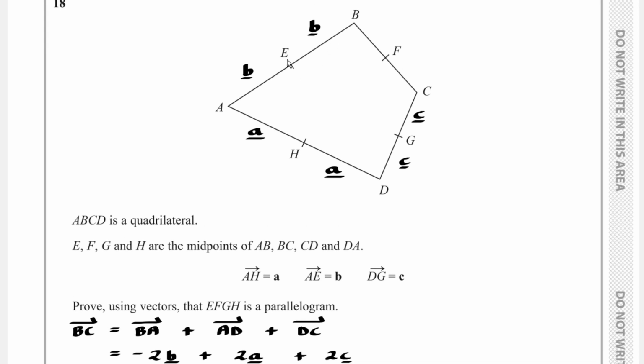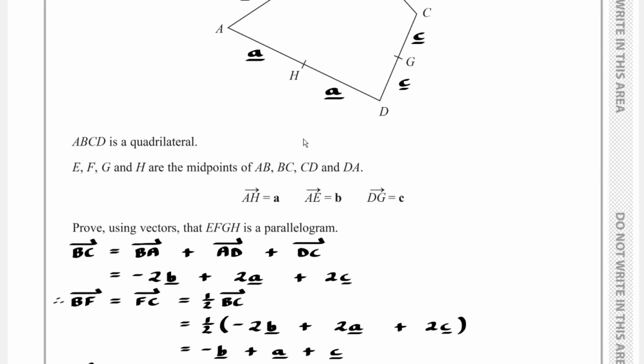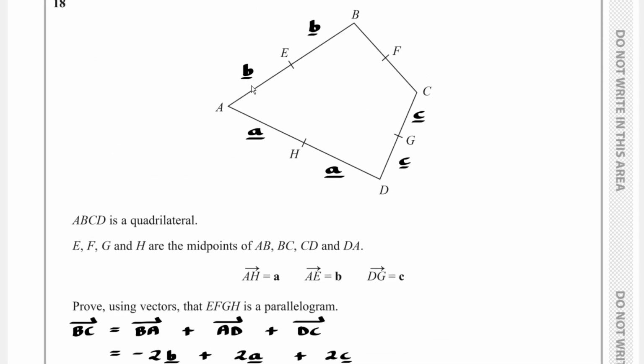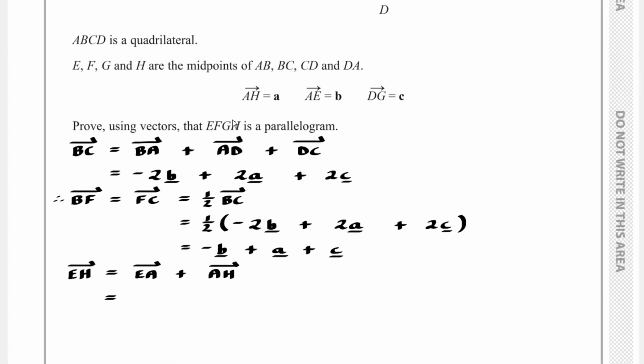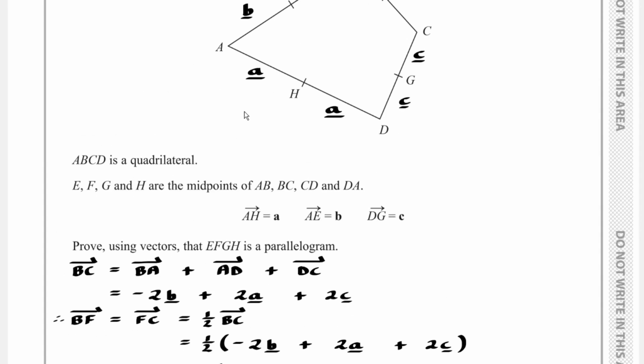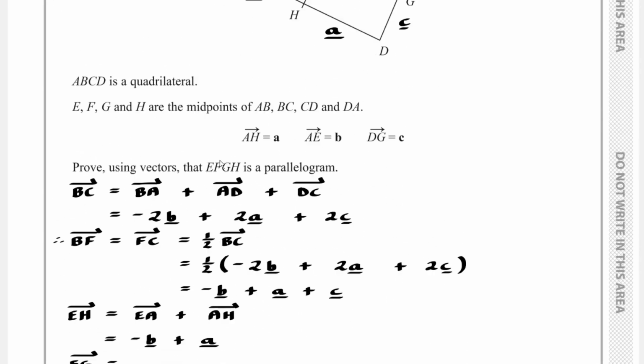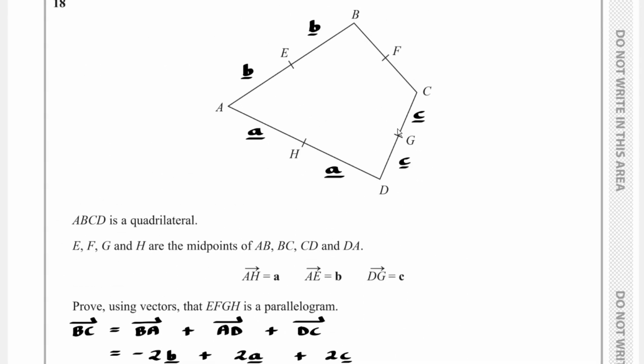We can now find out what EH is, starting at E, finishing at H. That's equal to E to A, then A to H. So we have negative B plus A. We can also find out what FG is, because we want to show that this side is parallel to this side.